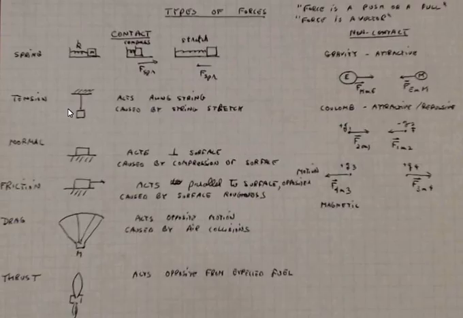Normal force turns out to be somewhat similar to both of these forces, but it is the force that comes about if you, for example, put a book on a level table. The force of the Earth will be pulling the table downward.